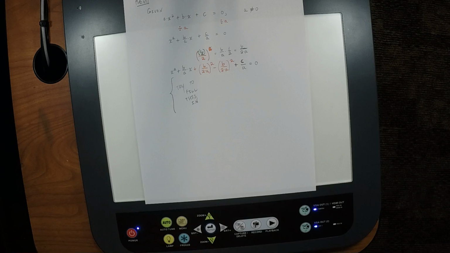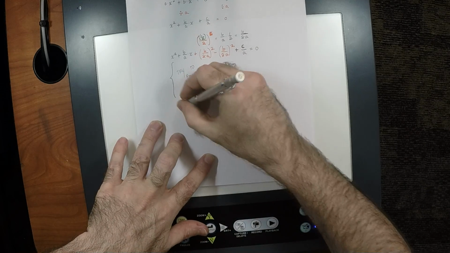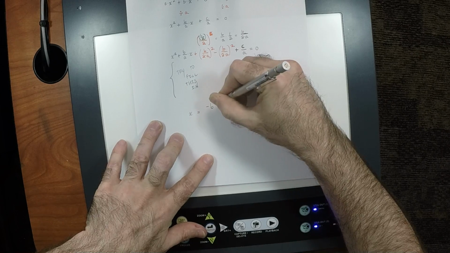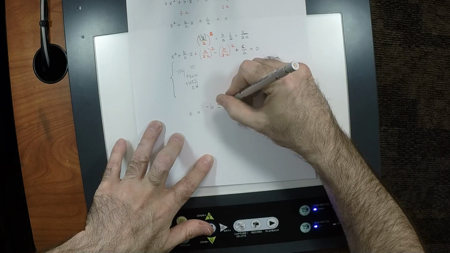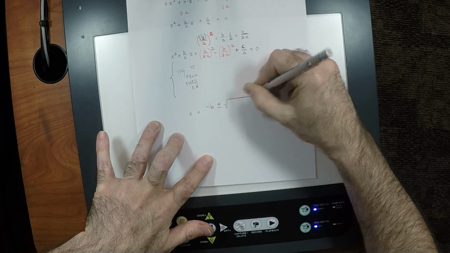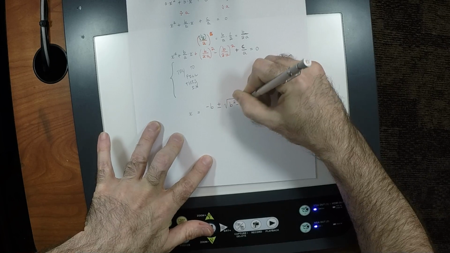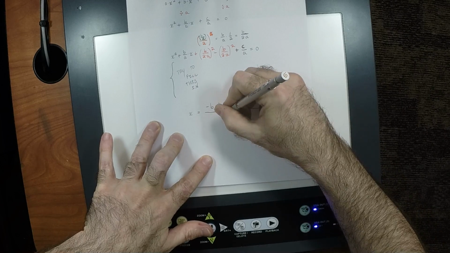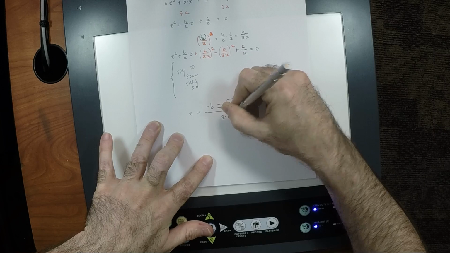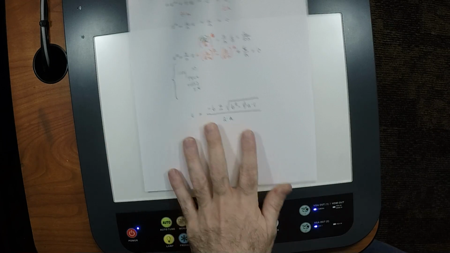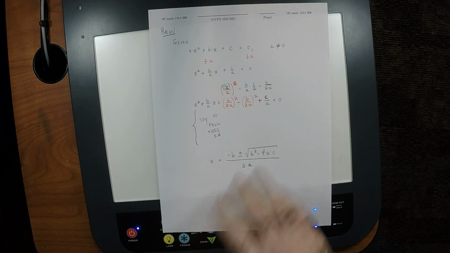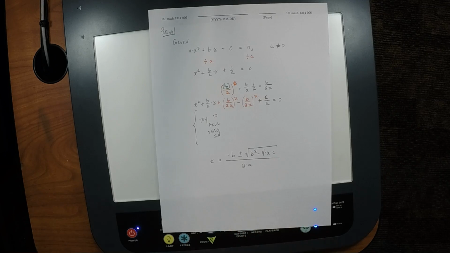And eventually you come to this position: x is equal to negative b, plus or minus, because there are two possibilities, the square root of b squared minus 4 multiplied by a multiplied by c, divided by 2 multiplied by a. So that's a formula for the two different values of x in terms of the coefficients a, b, and c. And this works in all cases.